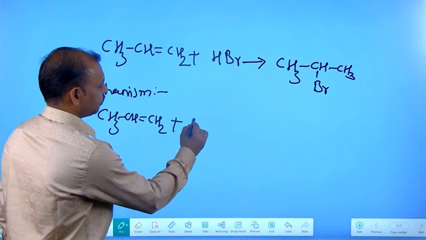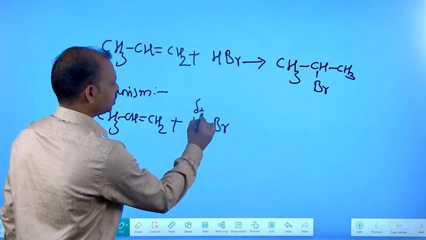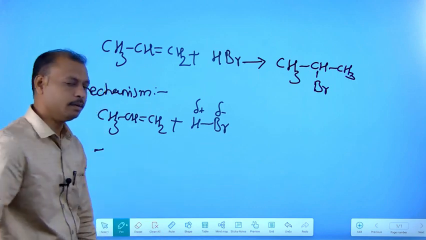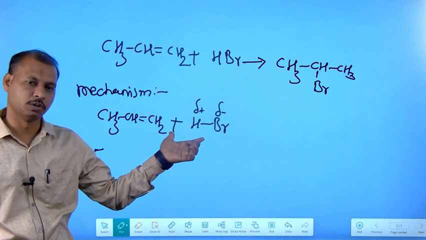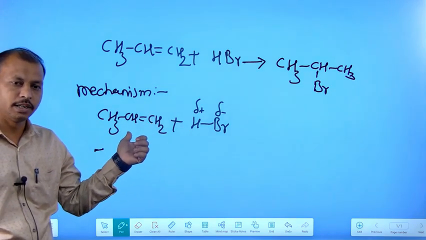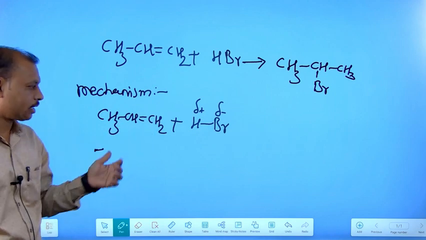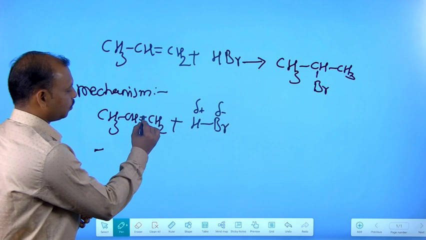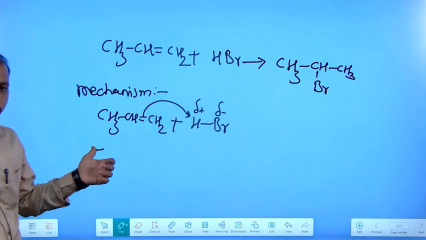When it reacts with HBr, hydrogen has a partial positive charge and bromine has a partial negative charge because of the electronegativity difference. So hydrogen is slightly electron deficient, and the double bond is an electron-rich species. So the double bond can give its electrons to that hydrogen and form a bond between carbon and hydrogen.